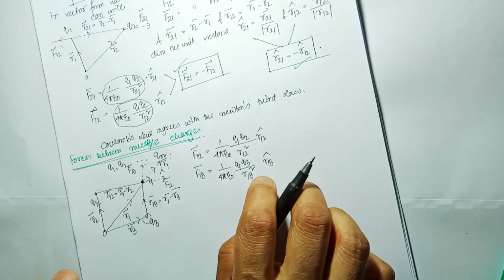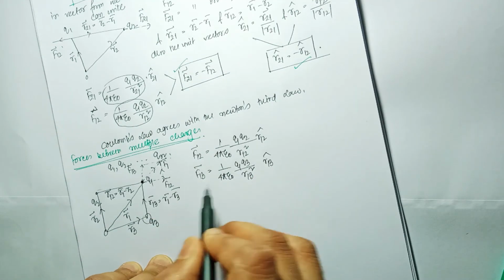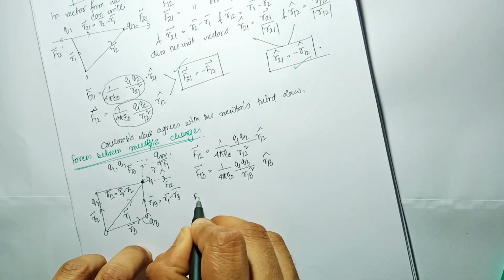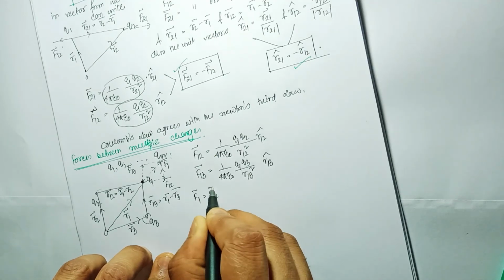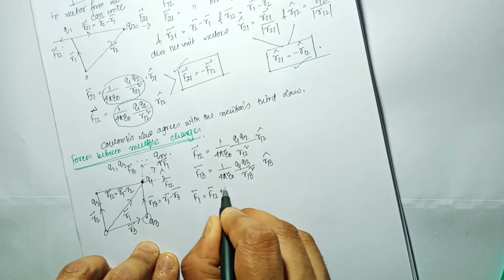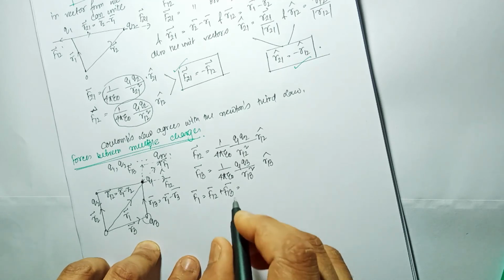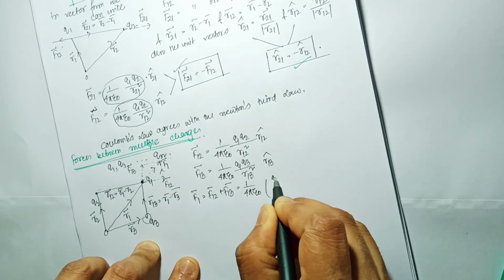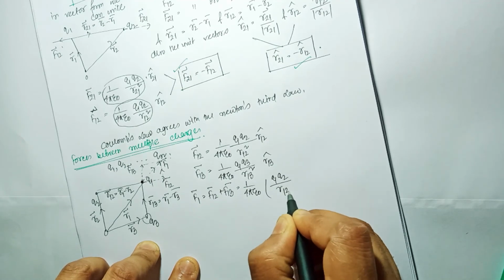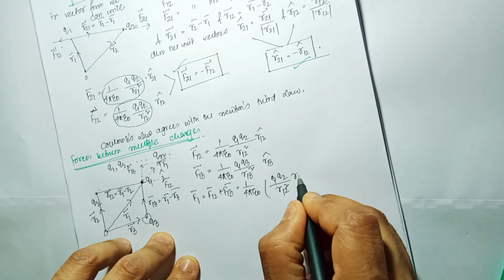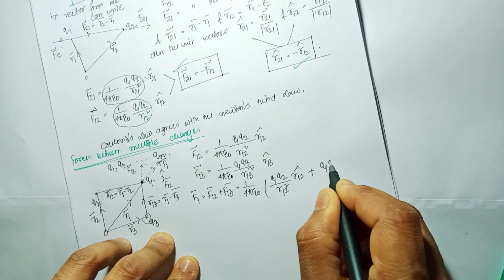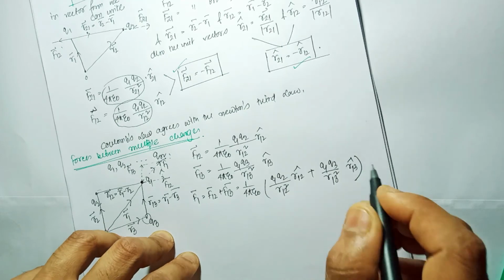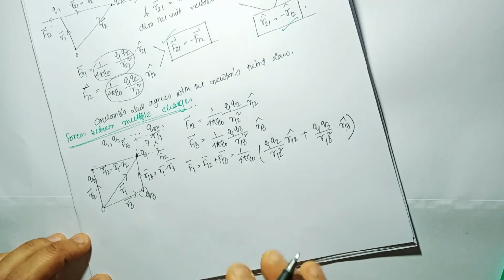So the total force F1 vector is equal to F12 plus F13, which is 1 by 4 pi epsilon naught times Q1 Q2 by R12 square times R12 cap plus Q1 Q3 divided by R13 square times R13 cap. So this is the total force.